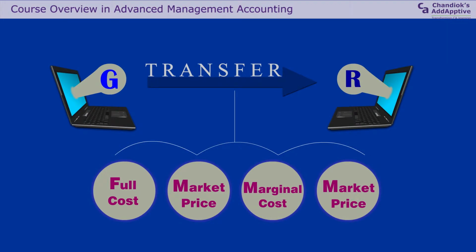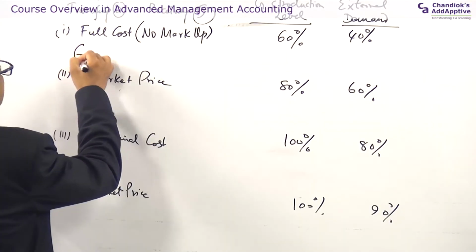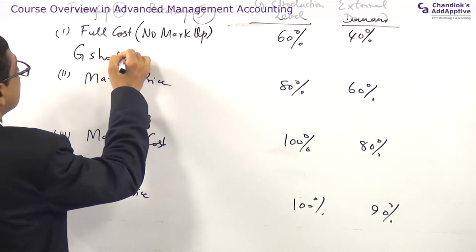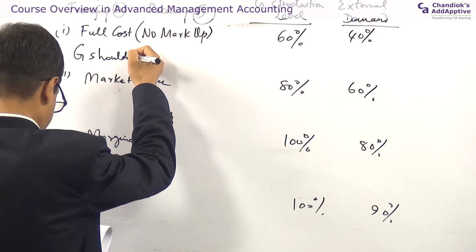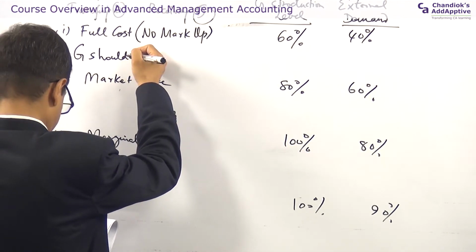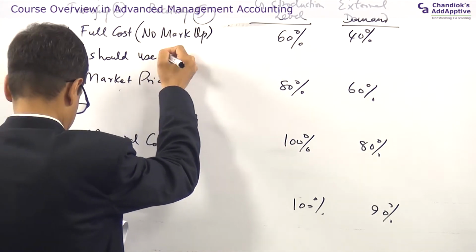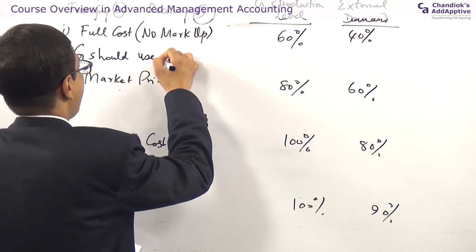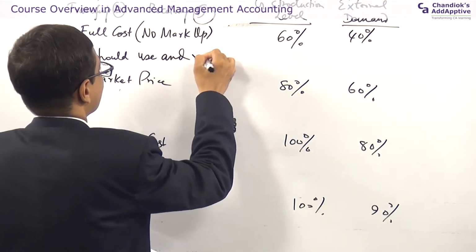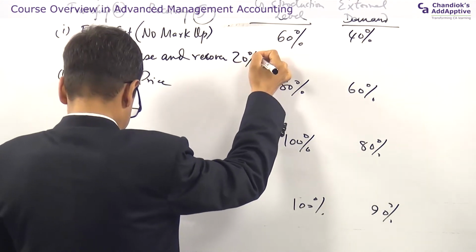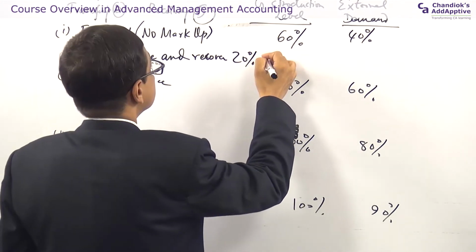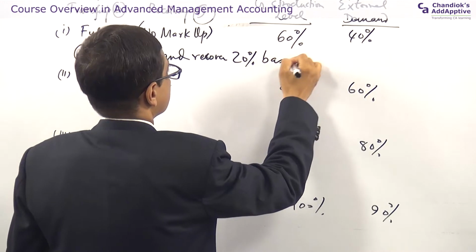So what should be my answer? Based on the above details, G should use and recover 20%.